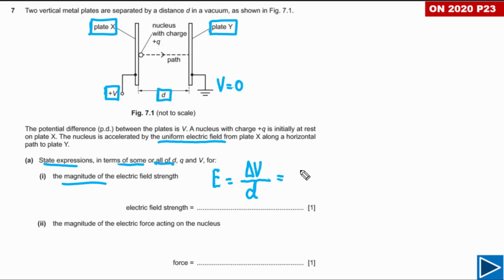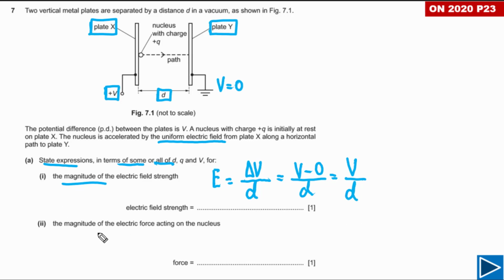The potential difference is V minus 0, divided by the distance between them, d, so it's simply equal to V divided by d. So this is how we can answer part 1.